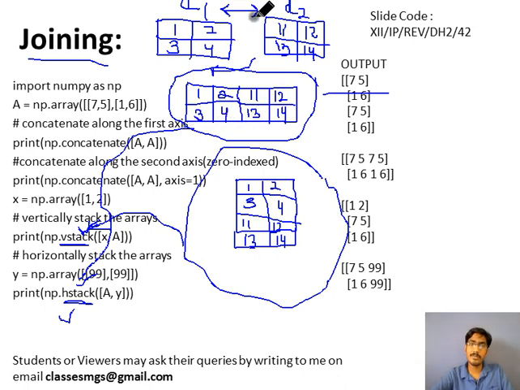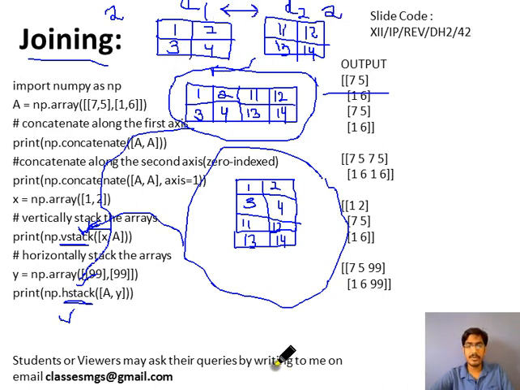Now you should remember these two things. Horizontal joining is only possible if the two arrays have the same number of rows. This array has how many rows? 2 rows. This array has how many rows? 2 rows. So that's why this horizontal joining is possible.